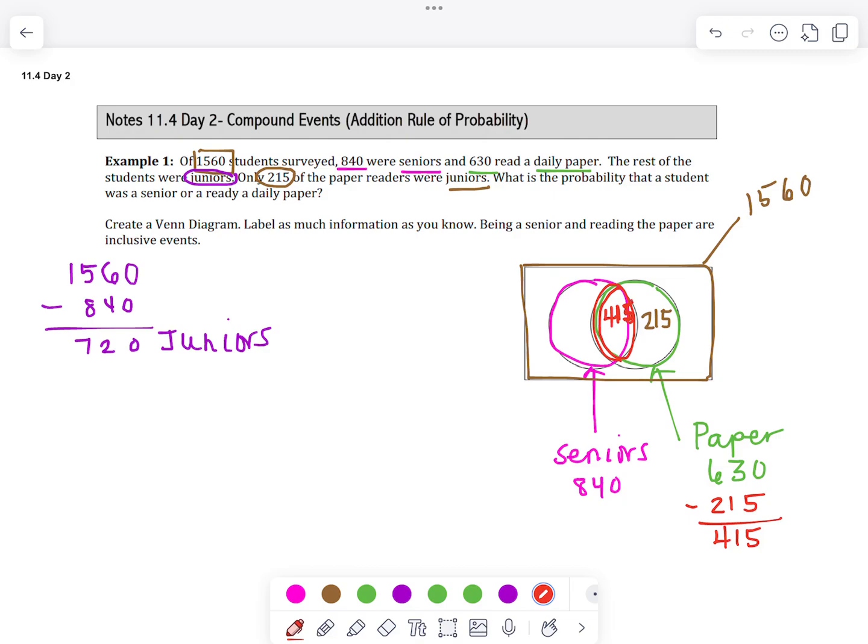They are seniors and read the paper. And then what we can do is we can take 840 minus 415, and we get 425. So that would be that other side of the Venn diagram, 425.